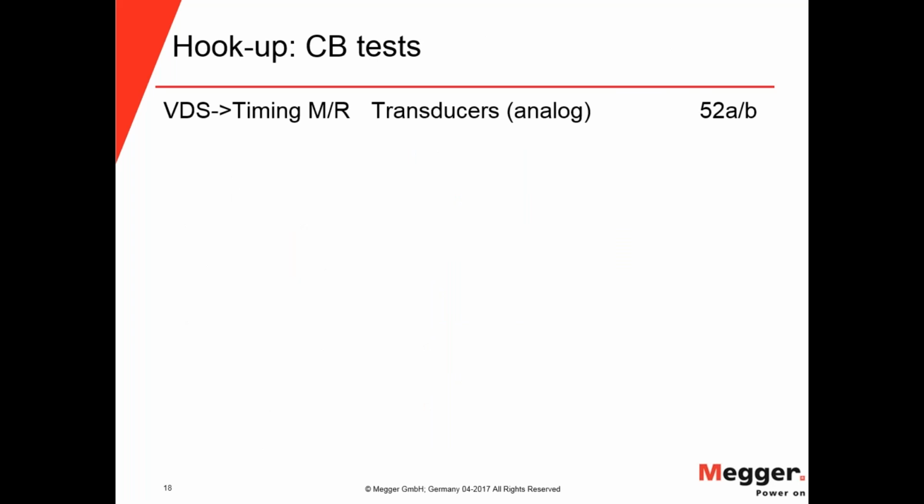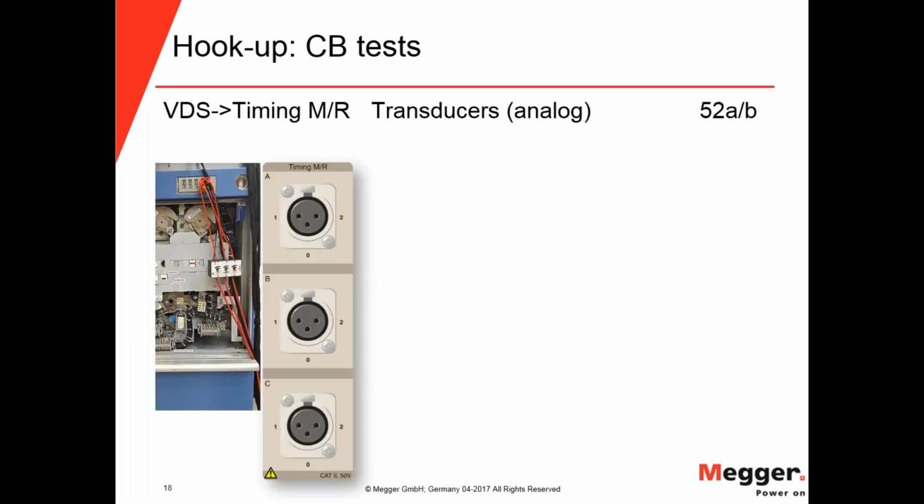And more about the hookup for the circuit breaker test. You have the VDS interface hooked up to the timing module, timing channels, and you have current clamps for the closing current and the trip coil current.